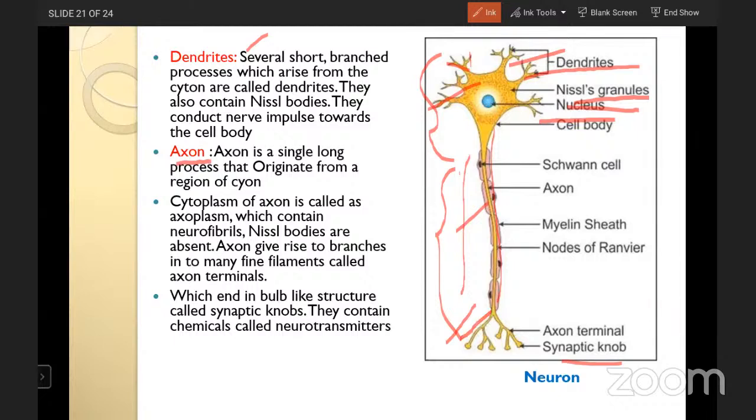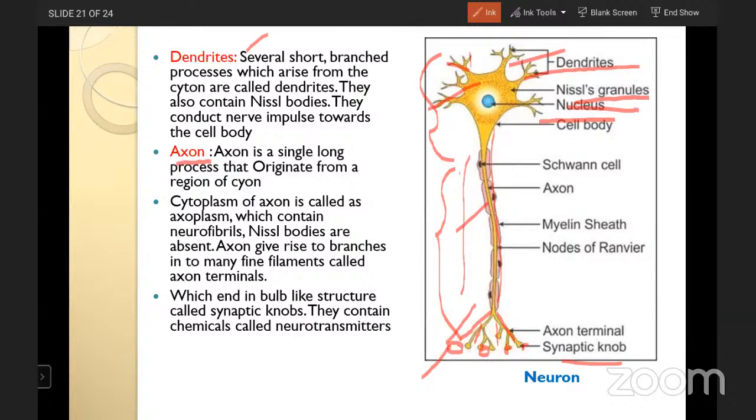So here at the end of the axon, you are able to see many filament-like structures called axon terminals, which end in bulb-like structures. So here you are able to see a round-like structure known as the synaptic knobs. They contain chemicals called neurotransmitters. Okay, so this is the structure of the neuron.